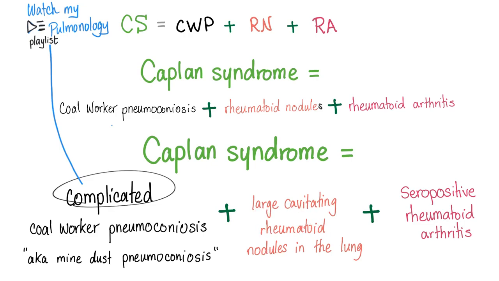Where? On the elbow? No, in the lung. Plus rheumatoid arthritis, just any rheumatoid? No, seropositive. What do you mean by seropositive? It's either positive for rheumatoid factor or positive for anti-CCP or both. So again, Caplan syndrome: complicated coal workers' pneumoconiosis, large cavitating rheumatoid nodules in the lung, and seropositive rheumatoid arthritis, period, end of issue.